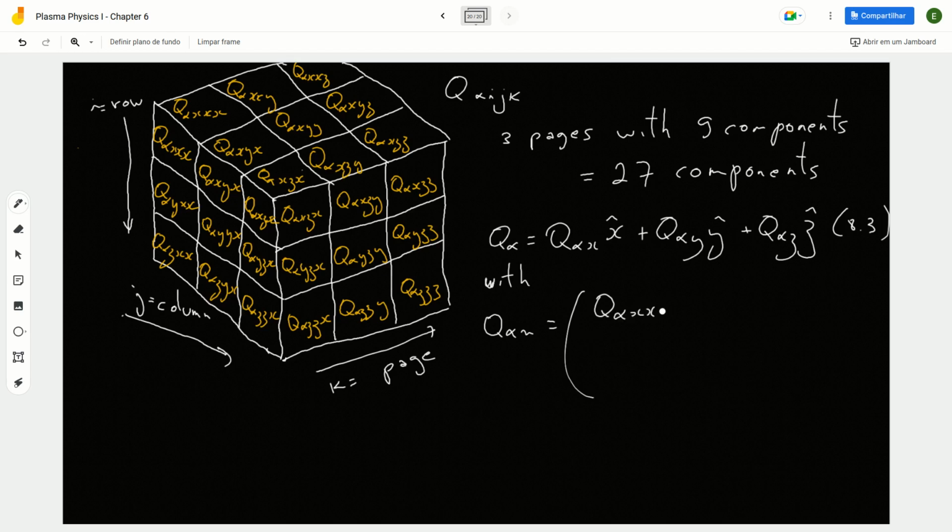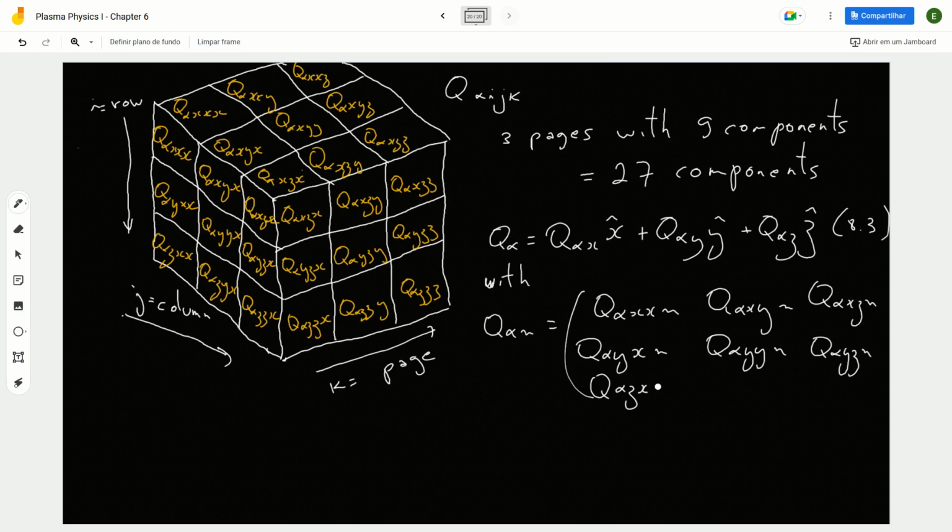Q alpha x x n, Q alpha x y n, Q alpha x z n, Q alpha y x n, Q alpha y y n, Q alpha y z n, Q alpha z x n, Q alpha z y n, Q alpha z z n.